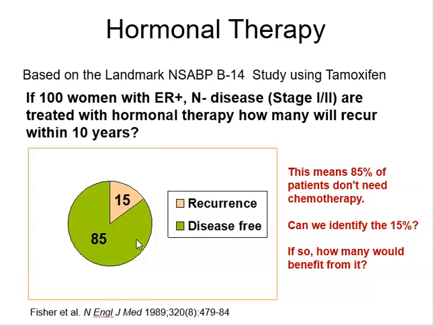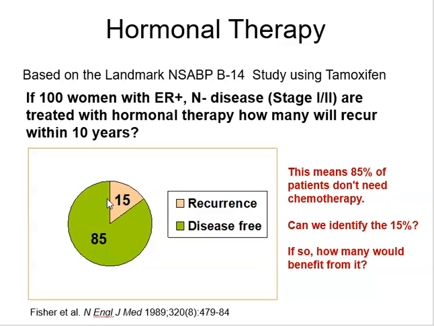But what we know about these patients is if these patients are treated with surgery, local radiotherapy if it's deemed to be necessary, and hormone therapy, within 10 years 15% of them will have local or distant disease recurrence. 85% of those patients will be disease free at 10 years.